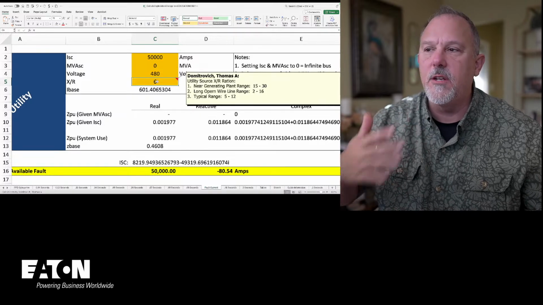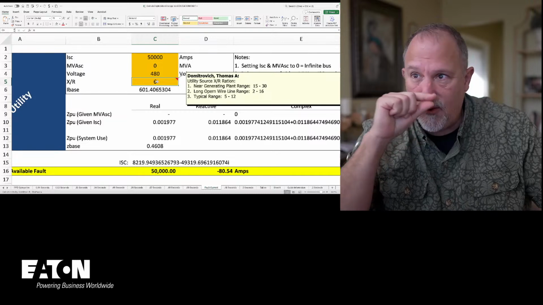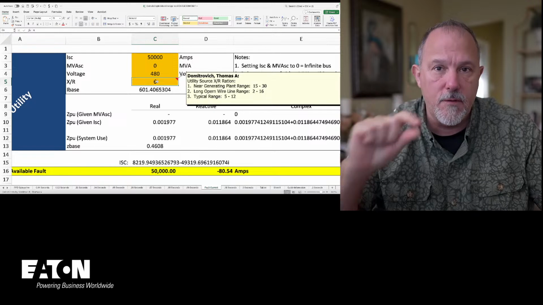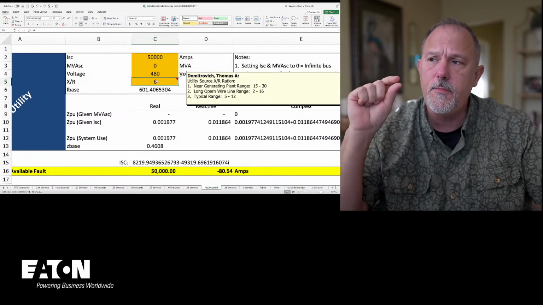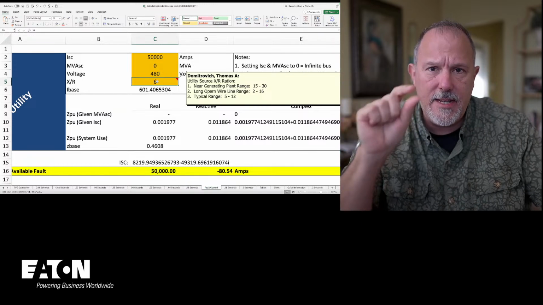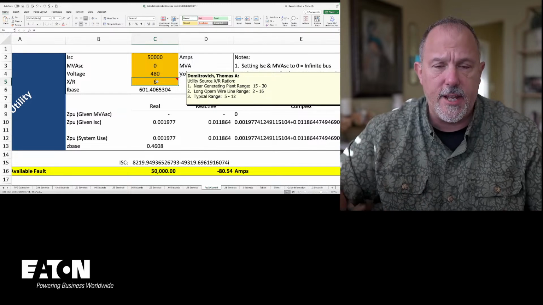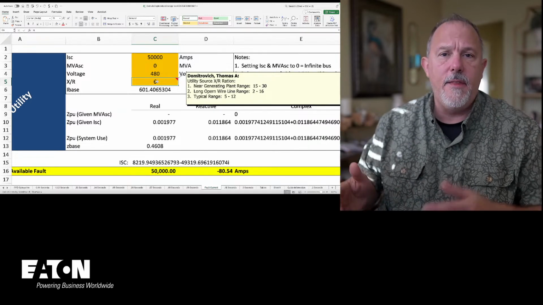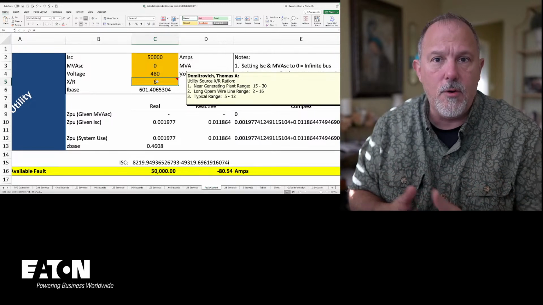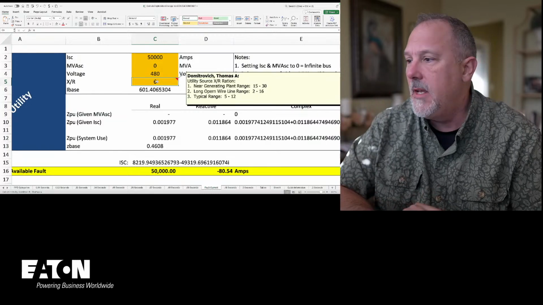So it's really good to understand the tolerances, but at least now you understand how we convert 50,000 amps over to a Z per unit, and then how we convert that Z per unit into a real and reactive component based upon the X to R. Inverse tangent gets you the theta, and then cosine theta times the magnitude gets you your real. Sine theta times the magnitude gets you your reactive component.